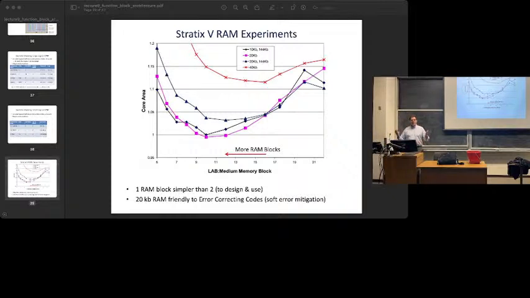So that's what Stratix 5 did. This curve says, what if we build 40 kilobits? It's too big, relatively inefficient. Does that make sense? So the Stratix 4 and Stratix 5 architectures are right around there.